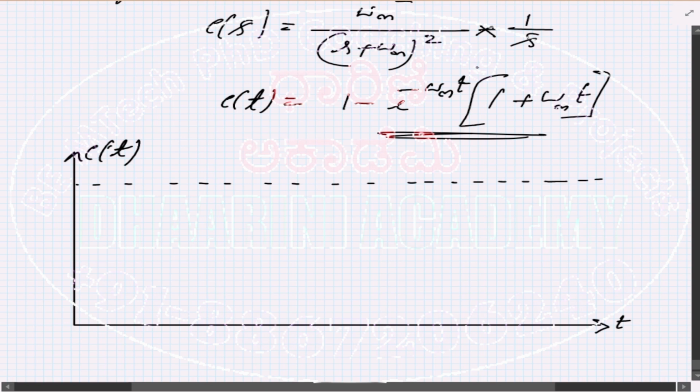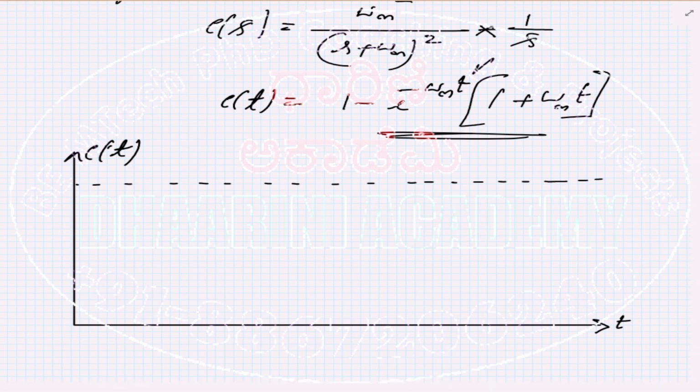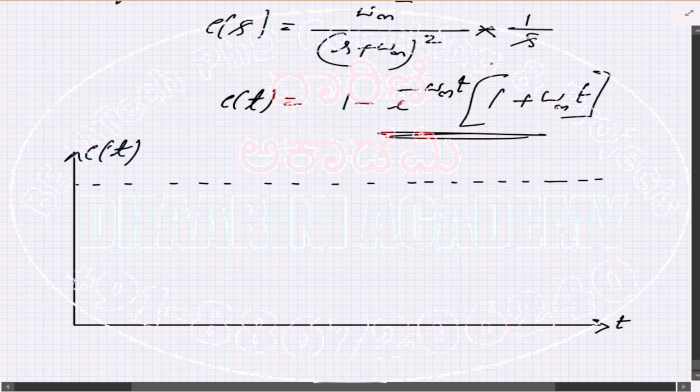You tell me what happens when t goes to infinity? It becomes 0. My output becomes equal to 1 only at t equal to infinity, correct? So this is going to be of the following shape. This is 1. So the output reaches 1 at infinity. This is the response of the system.